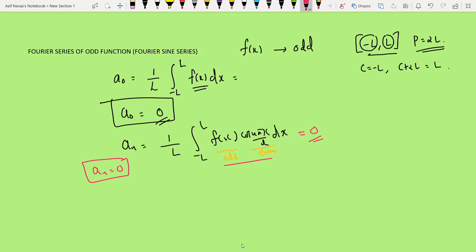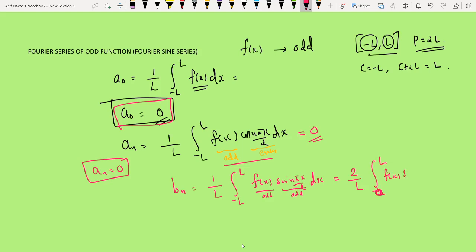So for an odd function, a naught is equal to 0 and an is equal to 0. Then what will be bn? 1 by L integral minus L to L f of x sin n pi x by L dx, which is equal to, this is odd and this is also odd. Odd into odd is even. So you can write 2 by L integral 0 to L f of x sin n pi x by L dx.